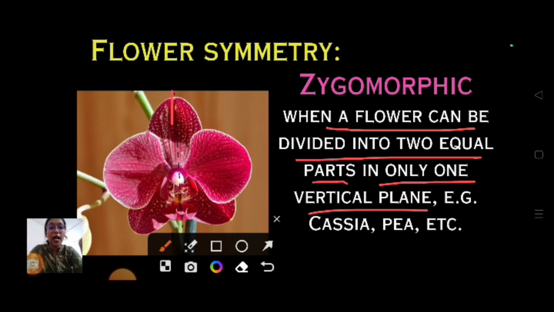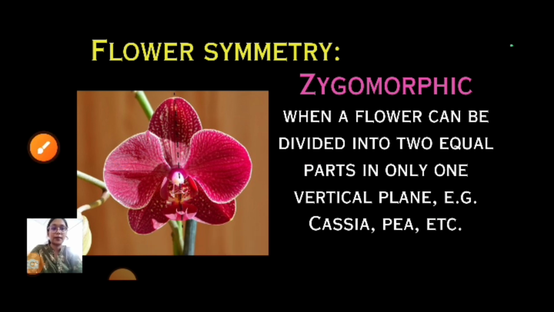So in one plane we can divide, we'll get two equal halves. We can't divide this particular flower in more than one plane. And we are getting equal halves only if we divide it in one particular plane. For example, orchids or pea plant flower, we can see zygomorphic symmetry. Is it clear?